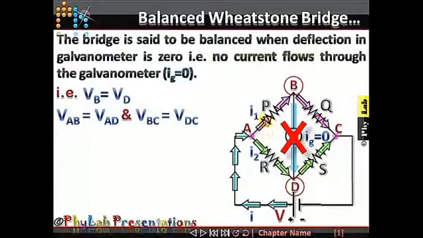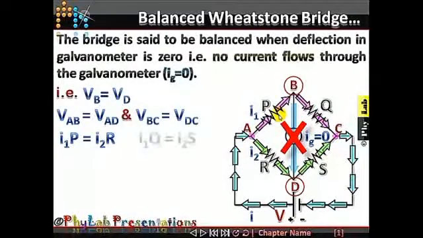In that situation, the potential drop across VAB will be equal to I1 times P, remembering Ohm's law, V equals IR. The potential drop across the VAD branch will be equal to I2R. The current flowing in this branch is I2, and the resistance of this branch is R. Similarly, VBC will be I1 times Q and VDC will be I2S.